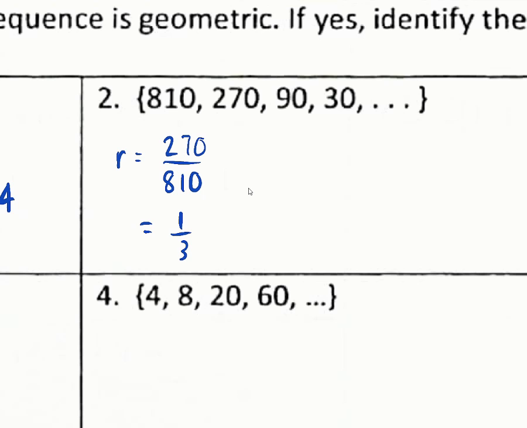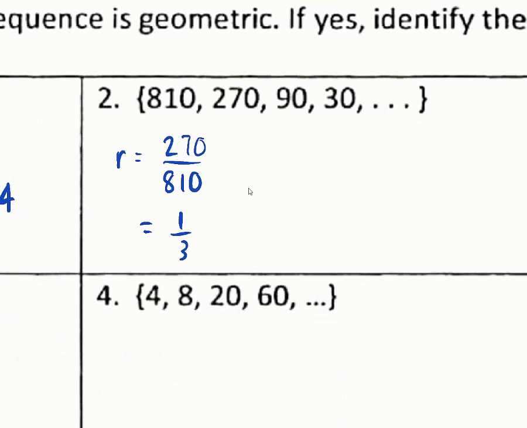Technically, we're checking to see if this thing keeps dividing by 3. But because our formula with geometric deals specifically with multiplication, we're seeing if it multiplies by 1/3. It's the same concept. But we're going to keep multiplying by 1/3 to see if it follows that pattern.